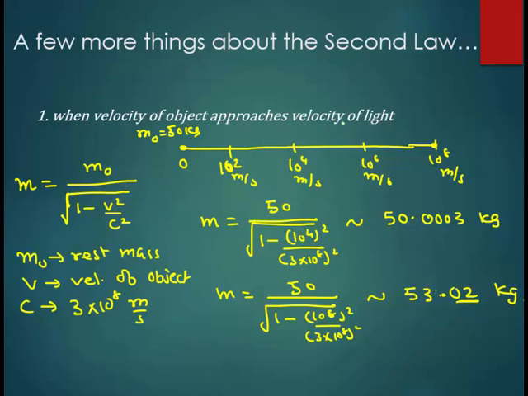And this is what is observed, that when the velocity of the object is below 10 raised to 6 meters per second, the increase in mass is negligible, whereas beyond 10 raised to 6 meters per second, the increase in mass is not negligible, it is substantial.